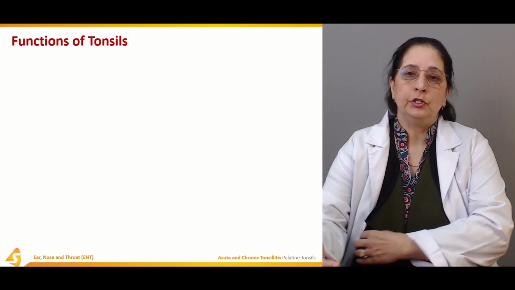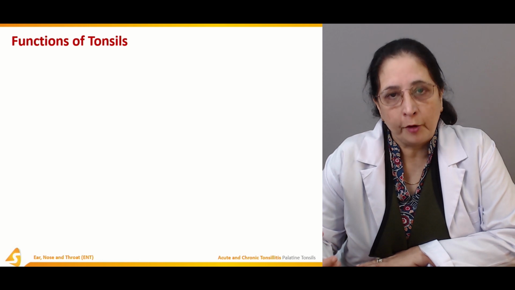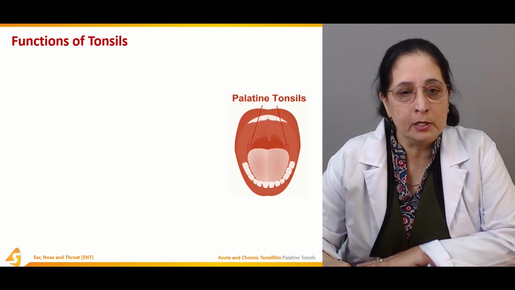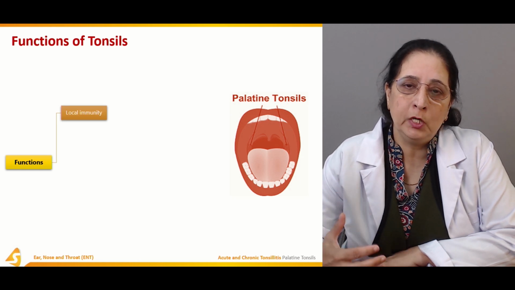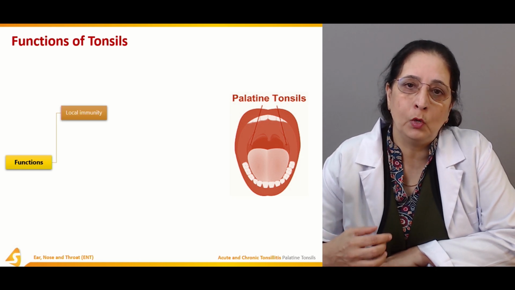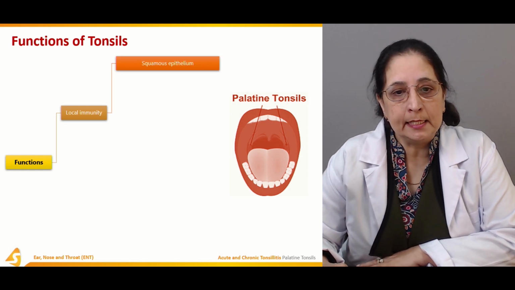Now, the functions of this tonsil. As I mentioned, tonsils are lymphoid tissue, lymphoid organs. So the function is immunity; they play a very important role in local immunity, and how do they do that?